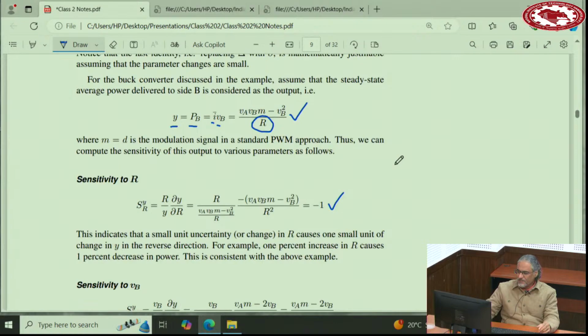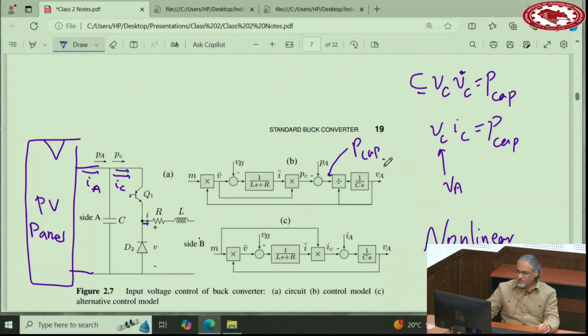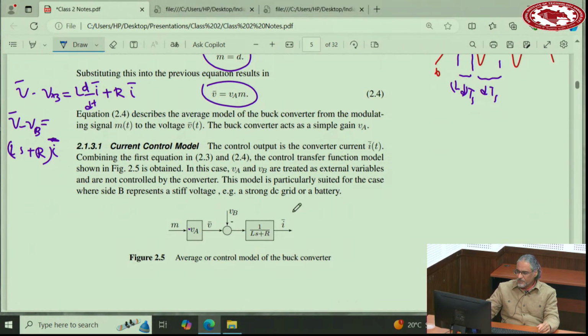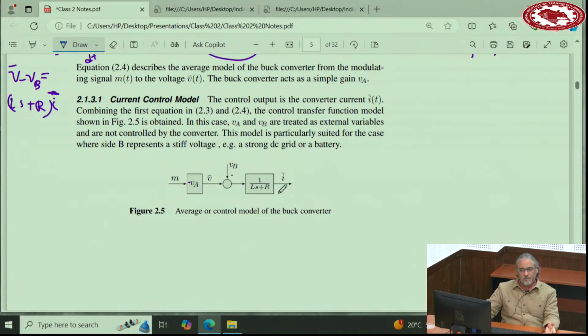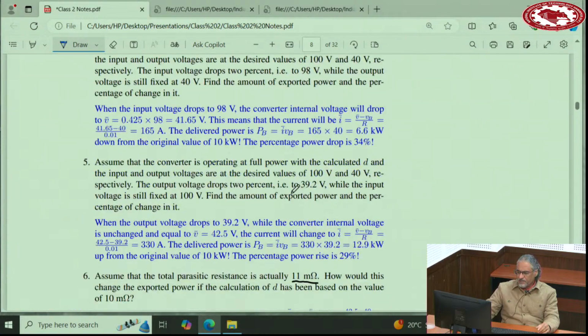That is the standard transfer function that we had, VA divided by LS plus R.